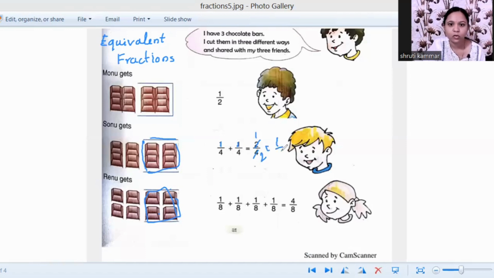So here half. Sonu got half part of the chocolate, and here 4 1s are 4, 4 2s are 8. So Renu also got half of the chocolate. All of them got half of the chocolate. Okay, but he divided the chocolates in different ways. These are called equivalent fractions.